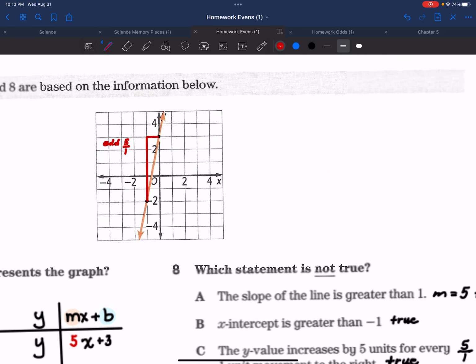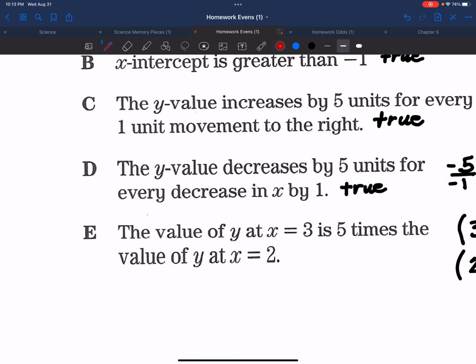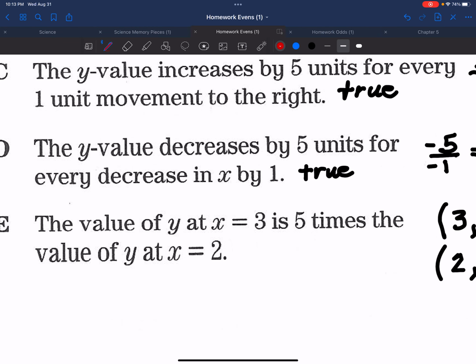Okay? Look at this question. Read it very carefully. The value at 3 is 5 times the value at 2. Here's the word that bothers me. We're not multiplying by 3. We are adding each time. So instead of times 5, it's plus 5. So we could say more than instead of times.